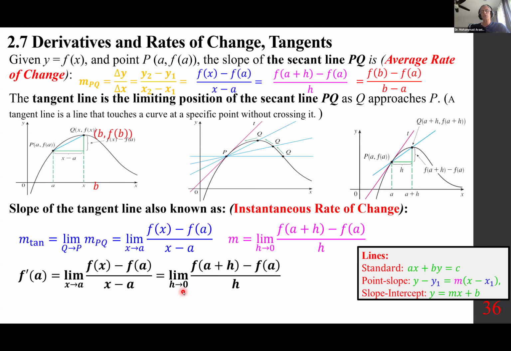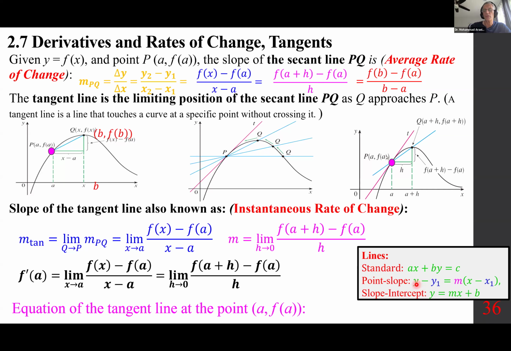When you want to write the equation of a line, there is standard form, ax plus by equals c, and point slope, y minus y1 equals m times x minus x1. And finally, we solve for y to get to the slope intercept form, y equals mx plus b. Therefore, if you look at this pair a comma f of a, and you want the equation of a tangent line at that pair, we use the point slope form, y minus y1.